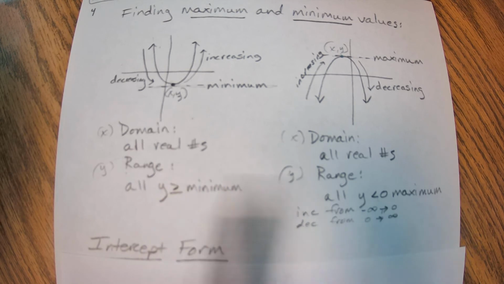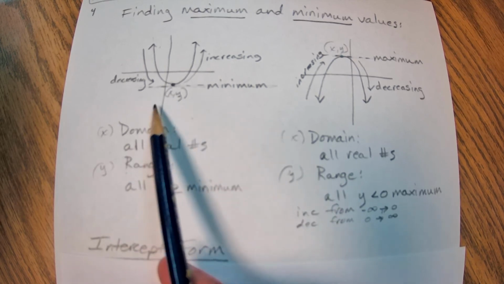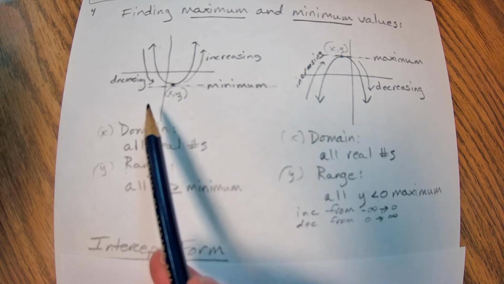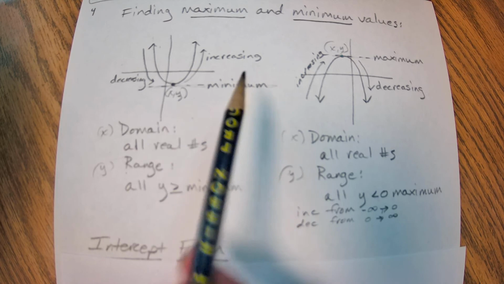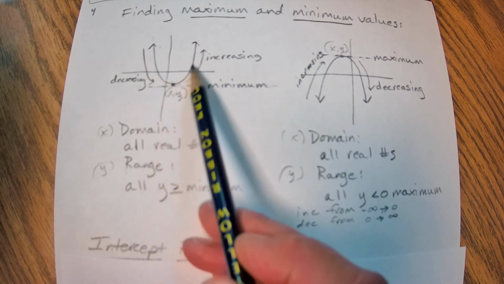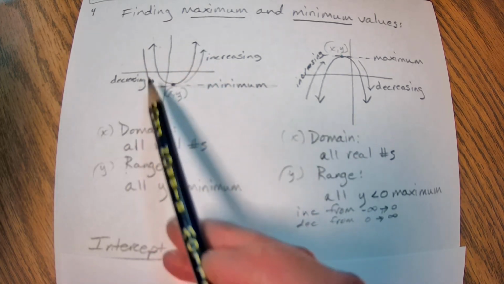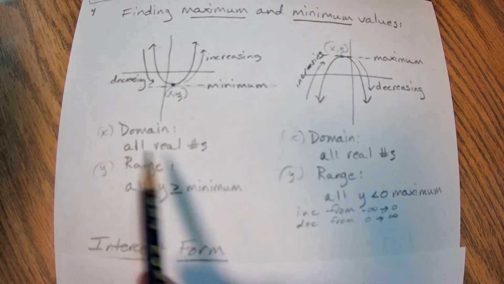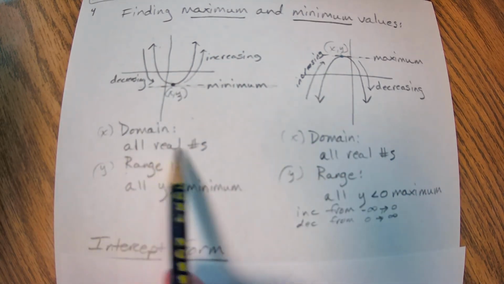So on every parabola that is a function, the domains are all going to be the same. Why do I say that? You'll find out in the next couple chapters. Okay, because if I look at a parabola like this, there's nothing that X can't be. So that's why we say that the domain is all real numbers.